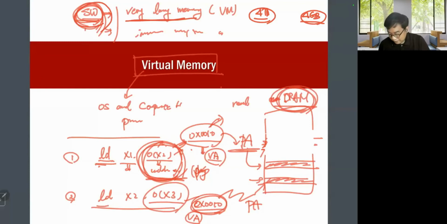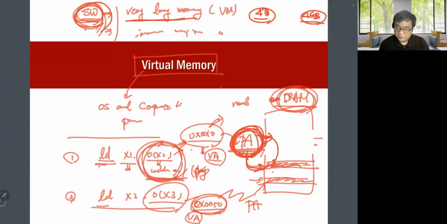Then this virtual address is translated into the physical address, which is the real address that points to the location of the real data in physical memory. With this physical address, the hardware accesses the RAM. This is the concept of virtual memory.